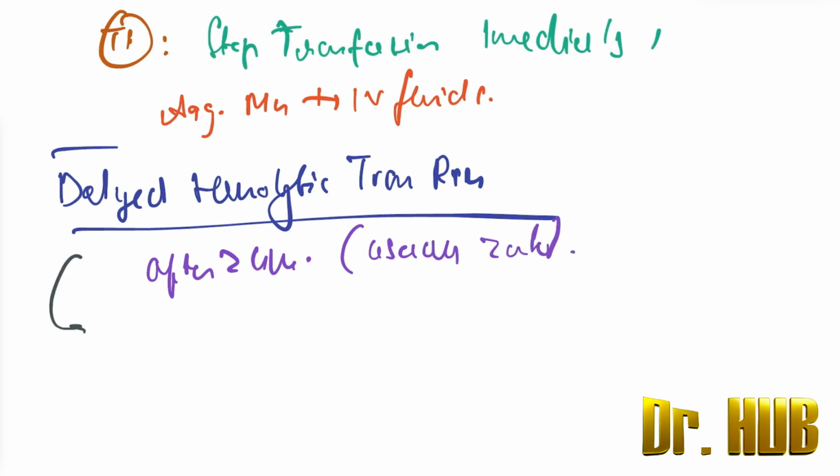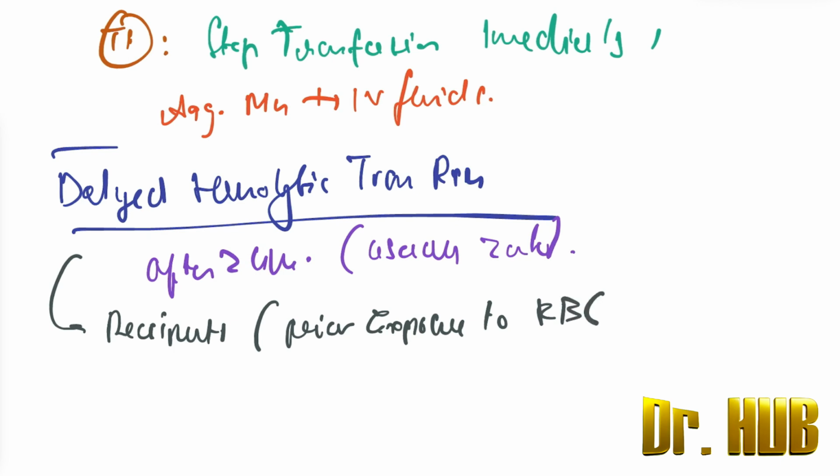The mechanism is that the recipients have prior exposure to RBC antigens, and after transfusion there is an anamnestic response.